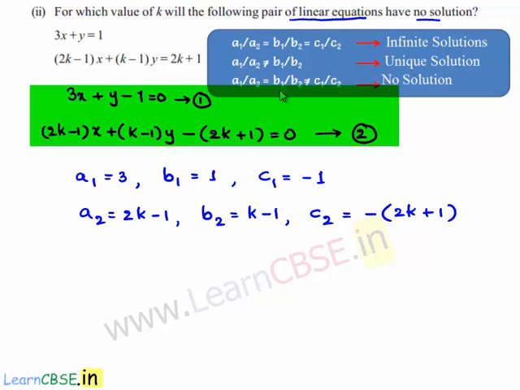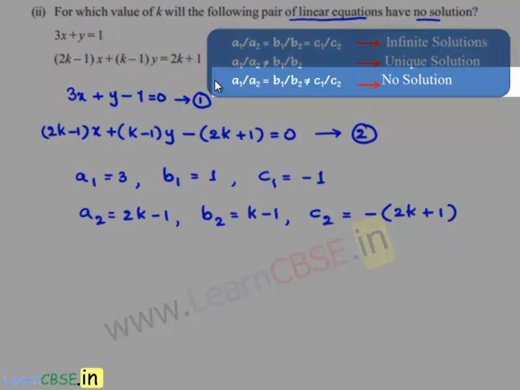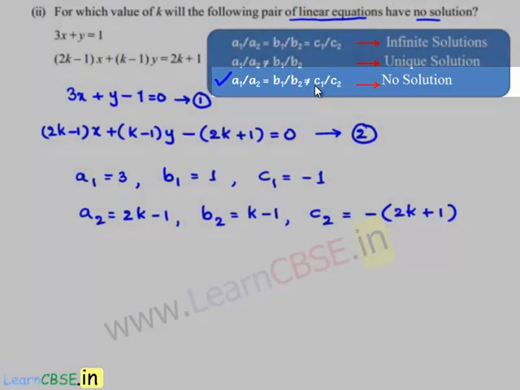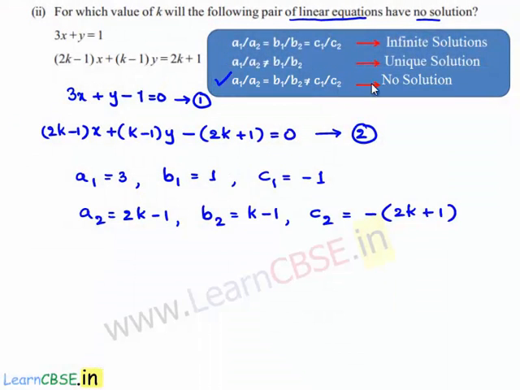So we can use the third condition, which is a1 by a2 is equal to b1 by b2, which is not equal to c1 by c2 for no solution condition. So we can write a1 by a2 is equal to b1 by b2, which is not equal to c1 by c2.